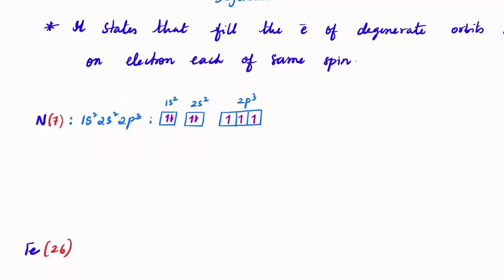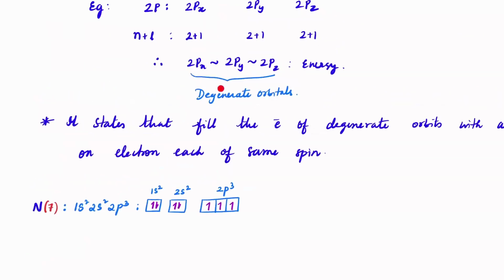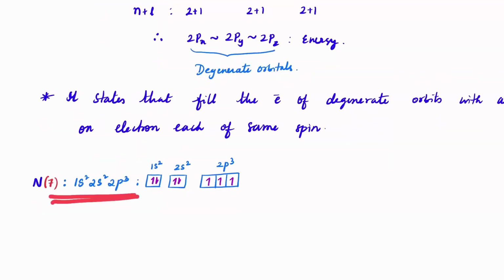Okay. You may have understood the point that 2px, 2py, and 2pz are degenerate. Degenerate means they have the same energy. Since they have the same energy, when the time comes to fill the electrons, like in this case, nitrogen, we have 1s2, 2s2, and 3 electrons are left over, which have to be filled in 2p. Since 2px, 2py, 2pz all have the same energy, each box represents one orbital.